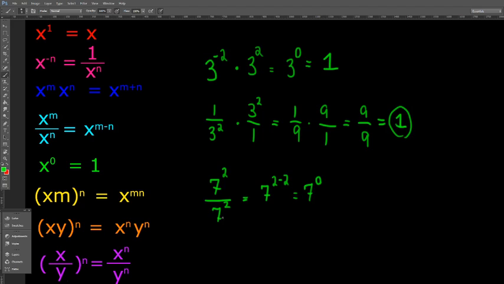But what is this fraction actually saying? 7 squared is 49 over 49, which, just like up here with this 9 over 9, is equal to 1. So 1 is equal to 7 to the 0th power. And that's true of anything. So any number that you see raised to the 0 power is equal to 1. Alright, I hope that makes sense. Let's move on.